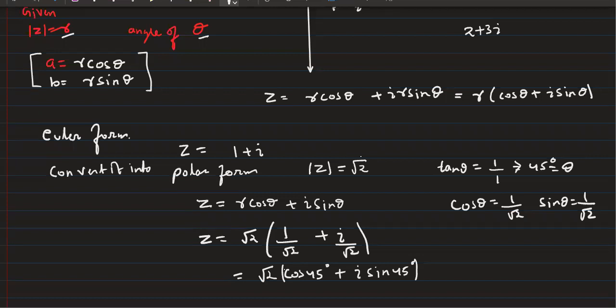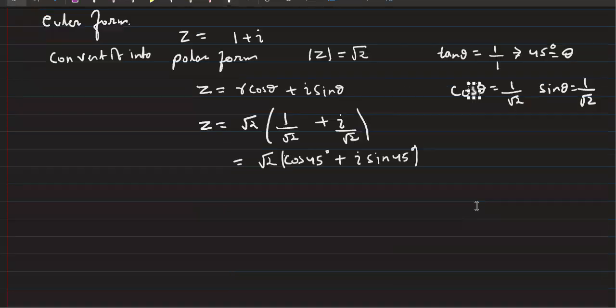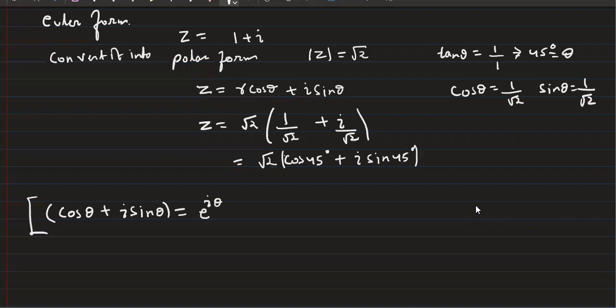Now, why have I written Euler form? There's a representation where cos theta plus i sine theta, this whole term, can be written as e to the power i theta. This is called Euler form.